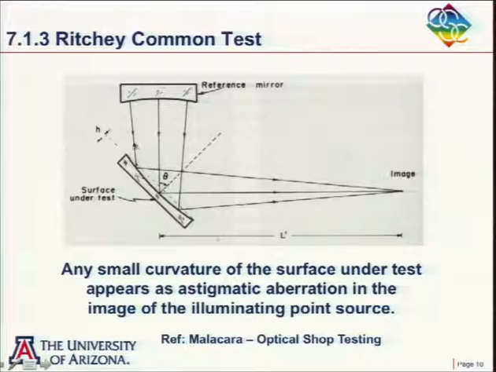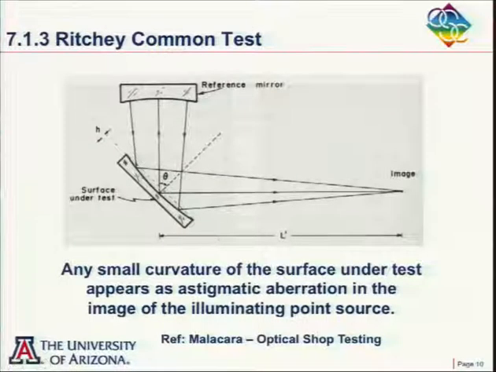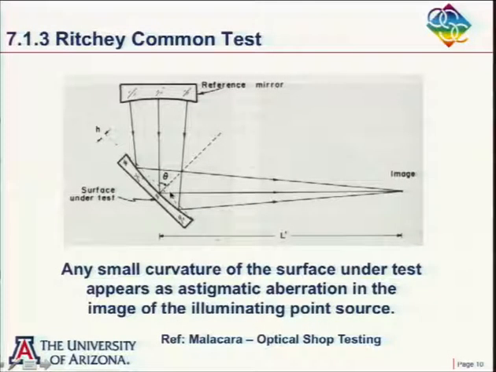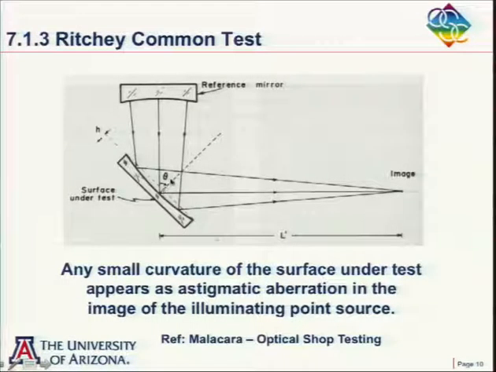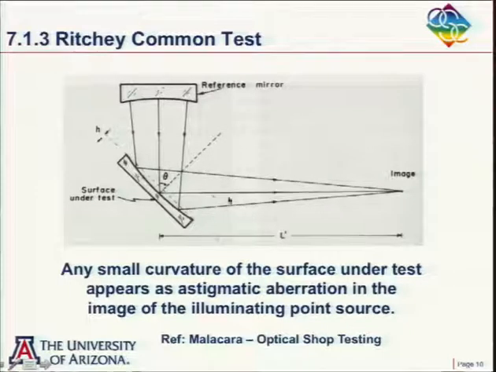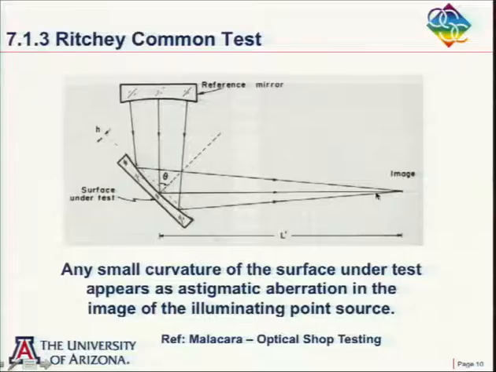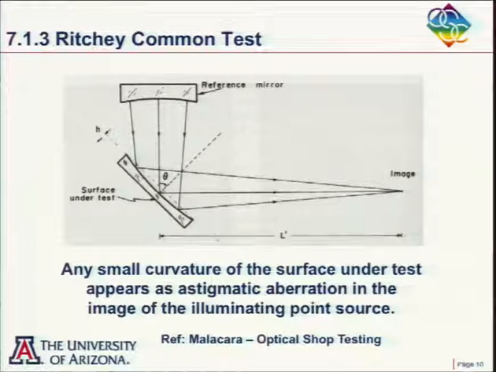The real thing they were probably after was, I have this flat. Is it really flat, or does it have a small curvature to it? Hard to tell. But by illuminating this flat at a large angle, and I show 45 degrees here, but typically you might even go to 60 degrees, and the light coming back, say this is curved just a little bit, the beam coming back is going to have some astigmatism in it.